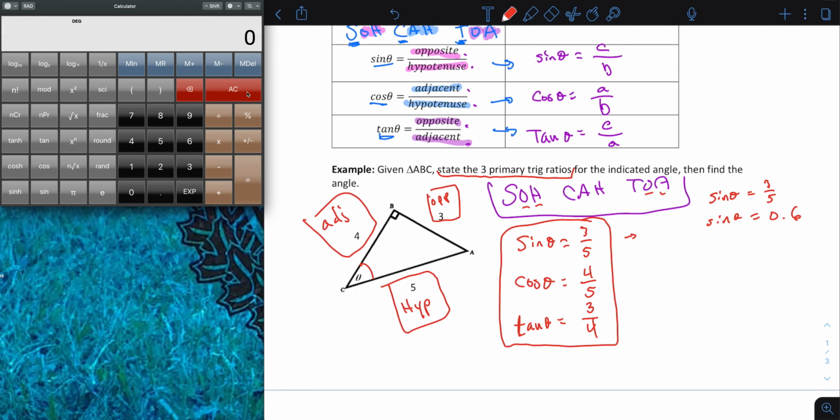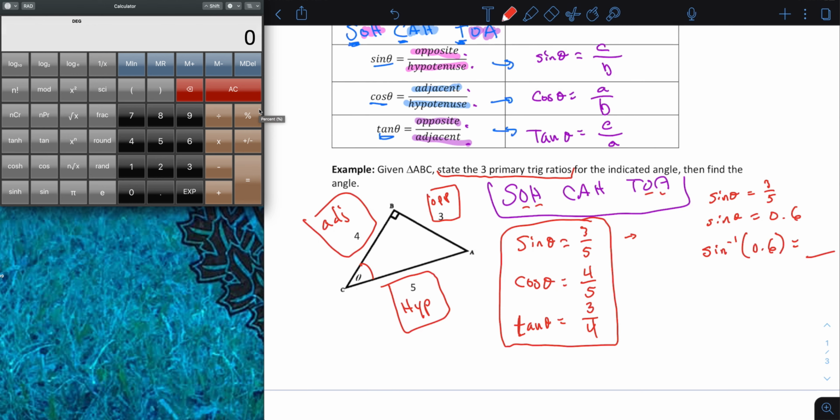What you need to do on your calculator, and I don't seem to have it, which is kind of annoying, is in order to figure out the actual angle value, you'll type this into your calculator. Some of you might have the scientific one, which we would go sine inverse 0.6 should equal an answer, whatever the answer is.